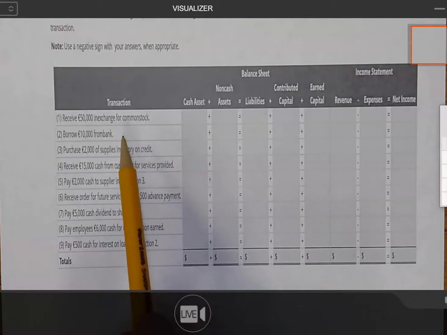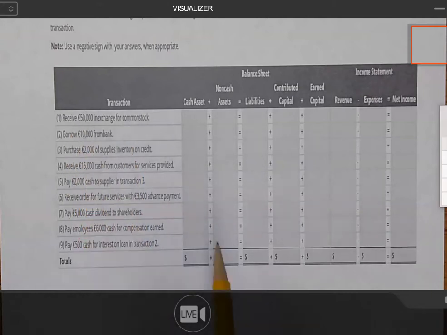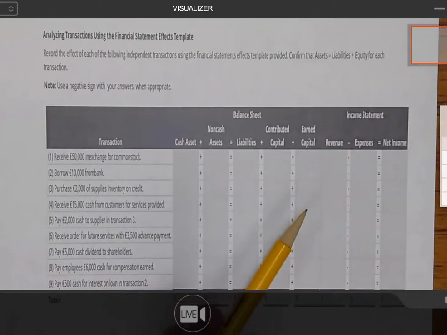Okay, so the fact that this is euros rather than dollars doesn't really impact anything. That's just a type of currency, and it is interesting that they're dealing with euros up here, and then at the bottom they're using dollar signs. But we will ignore that.